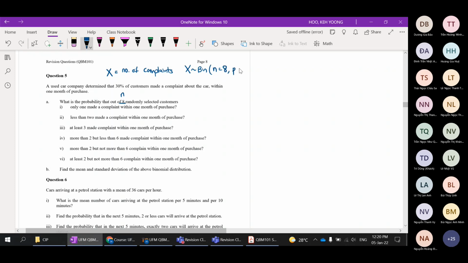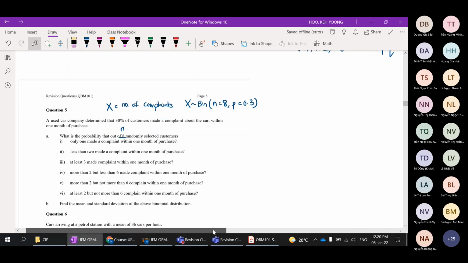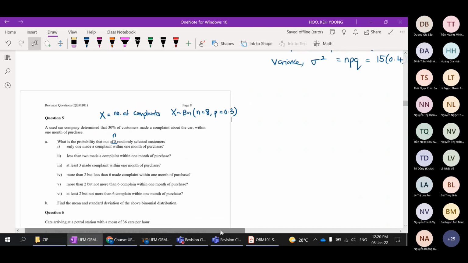The probability is 0.3. So for question 5A, part 1, you want to find probability X equals 1.